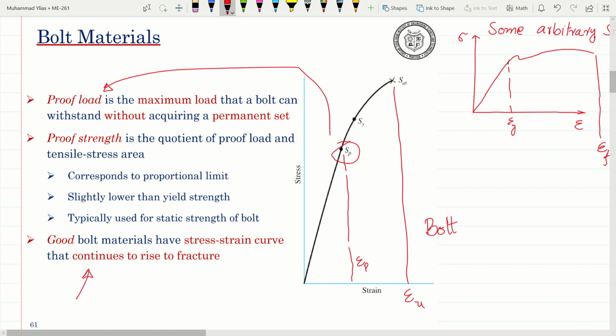For good bolt materials, we perform processing and heat treatments to achieve a condition where this curve continues to rise and the difference between proof and ultimate strength is small.